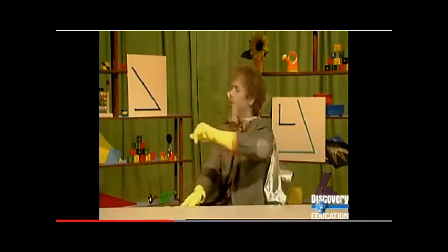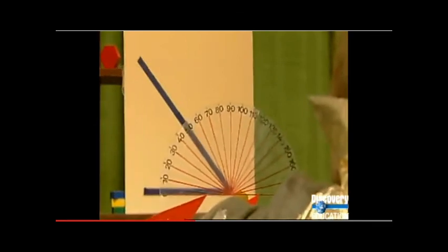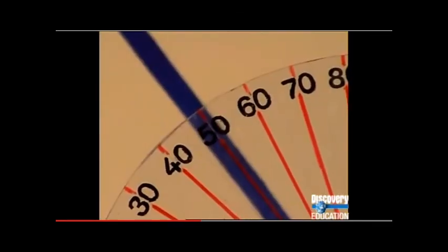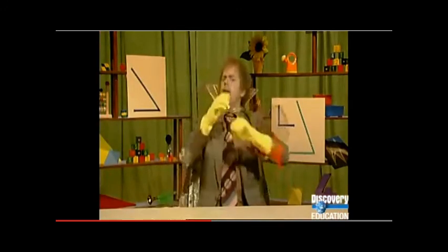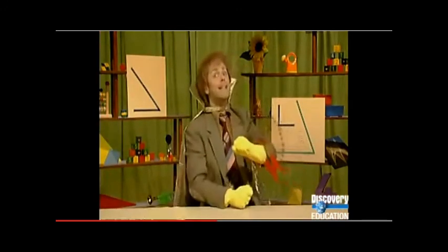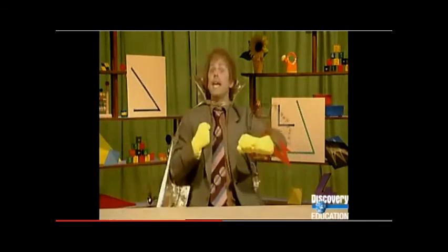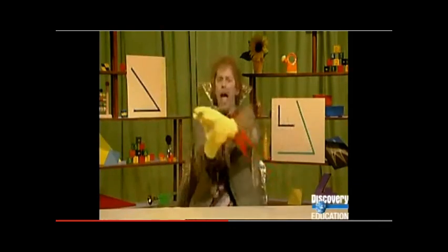All I have to do is line it up and make sure that my angle bangle is centred where the lines meet. There we are. And that's 50 degrees. Yes, a very good estimate. Now, there will be no one estimating angles faster than me, Angleman, and my angle bangle. Woohoo!